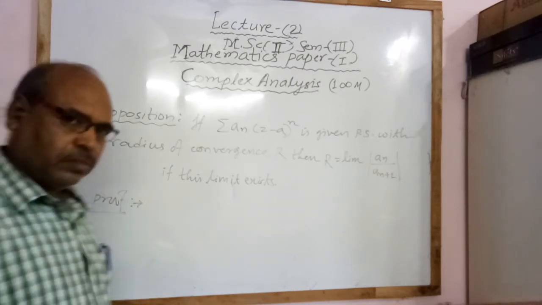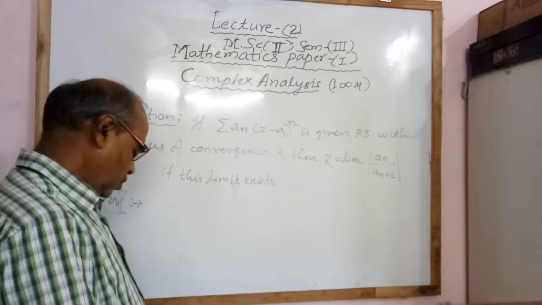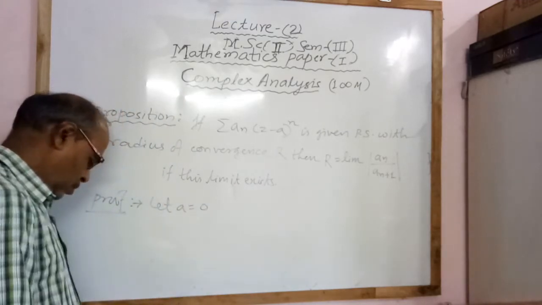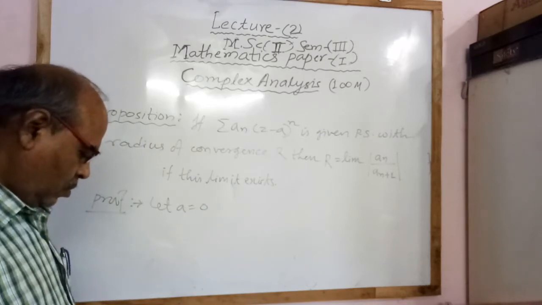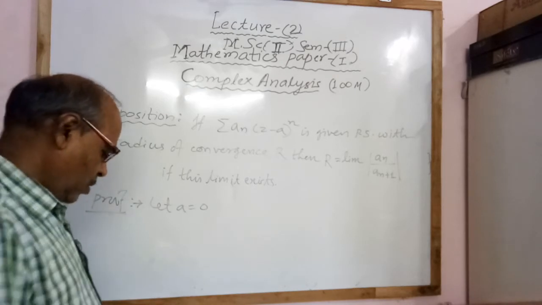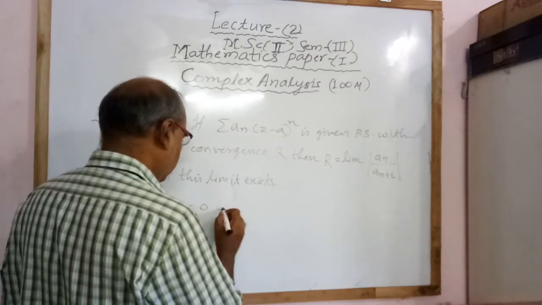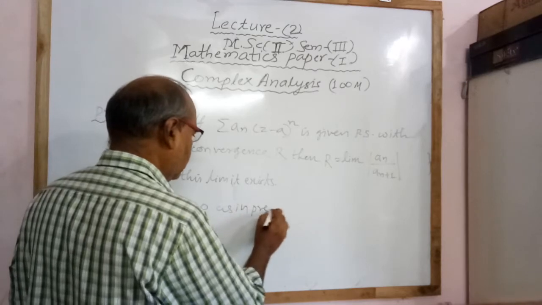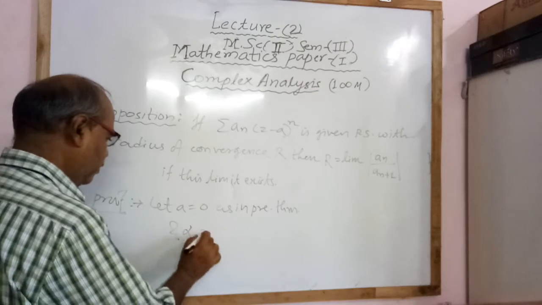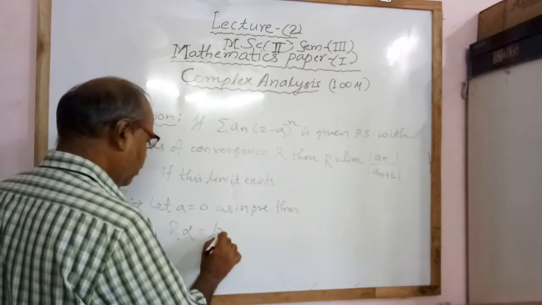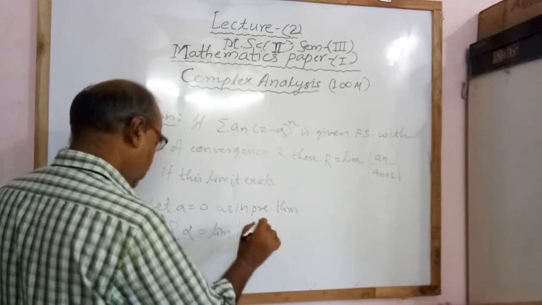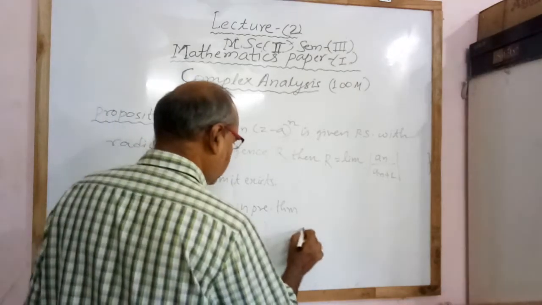Proof. Let a equal to 0, as in the previous theorem. And let alpha equal to limit of mod of an divided by an plus 1. This is equation 1.